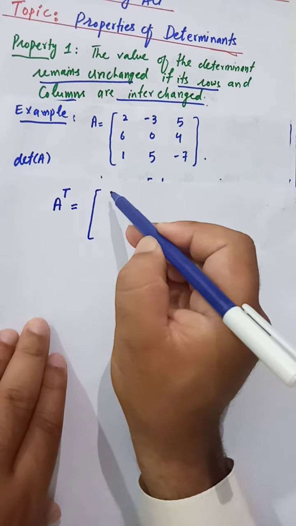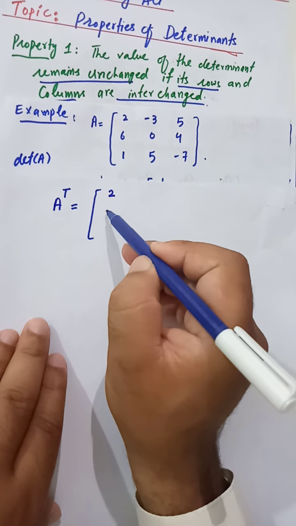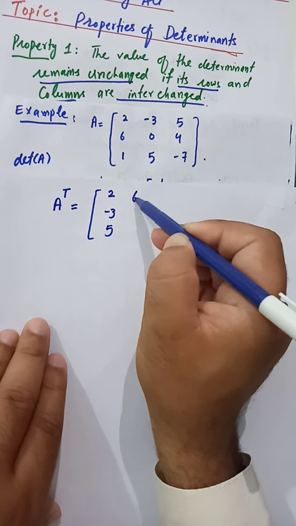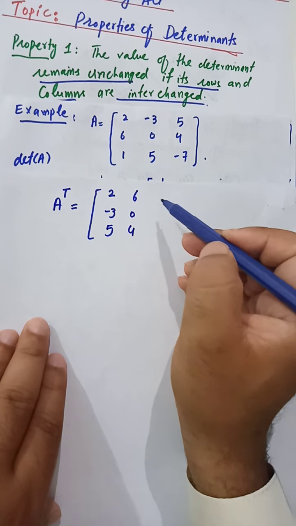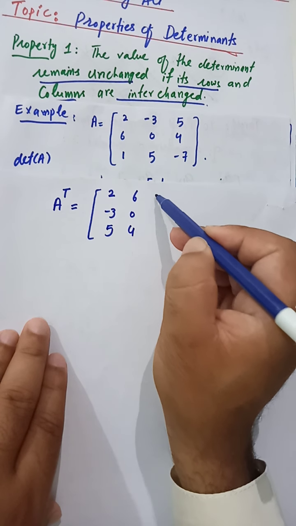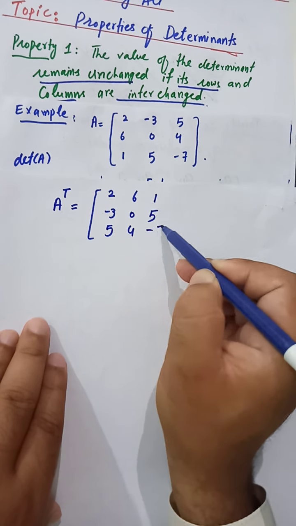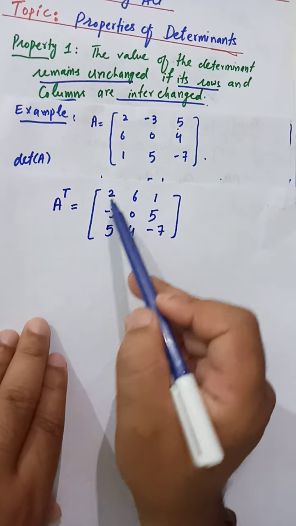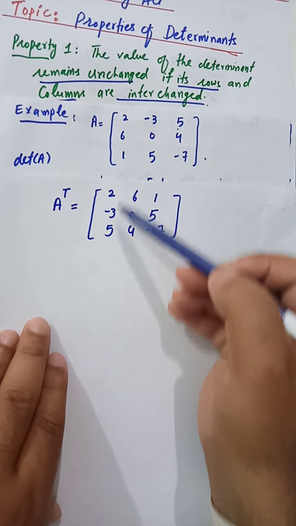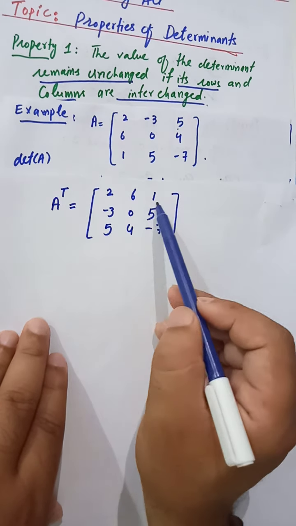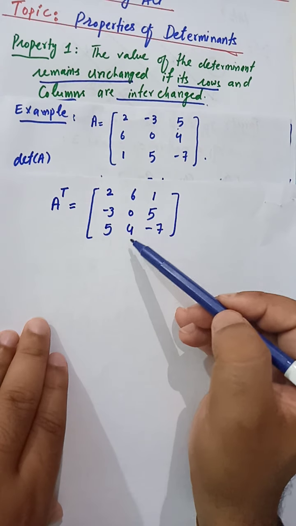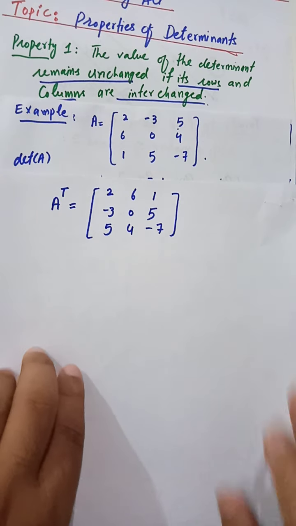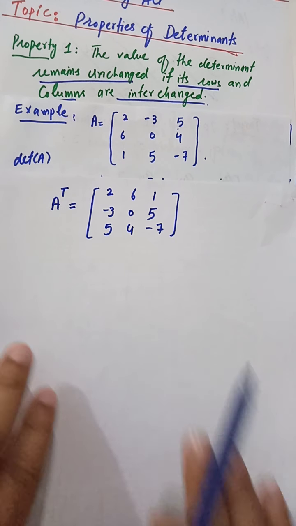So when you take the transpose, the determinant will not change. You see that I am converting rows into columns and columns into rows. In matrix A this is the first row, so here it is the first column, and this first column of A is here the first row. It is the second row, so here it is the second column, and the second column is here the second row. So columns and rows are interchanged, meaning you are taking the transpose.